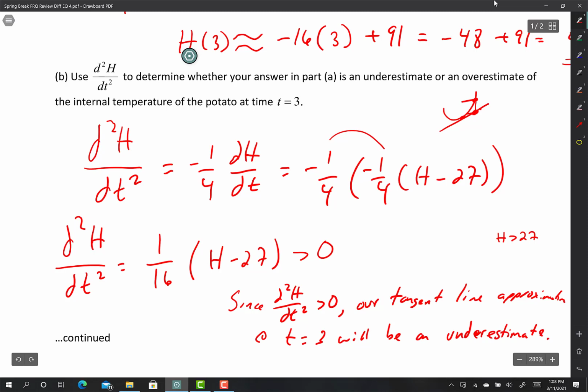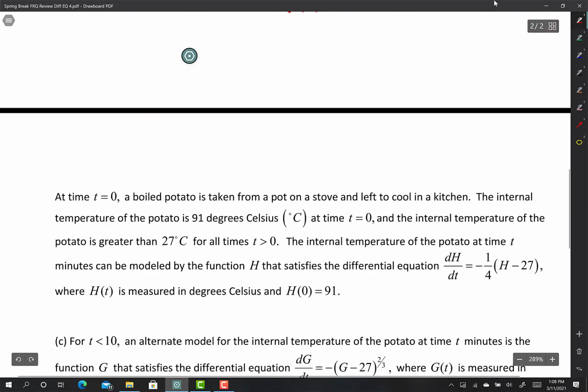There it is. Since the second derivative is positive, our tangent line approximation at t equals 3 will be an underestimate. I think that's full credit. We'll find out in a little bit when we look at the rubric.